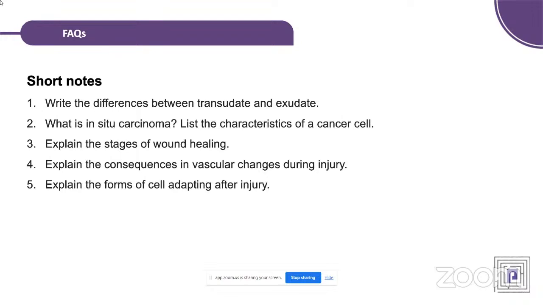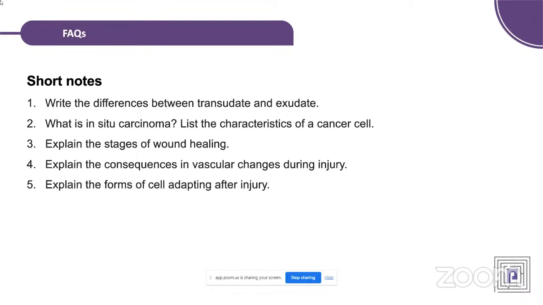And to have the fetus in the uterus, the size of the uterus should grow. That's why the hypertrophy and hyperplasia of the muscle in the uterus also will occur. So these are the changes which will occur.